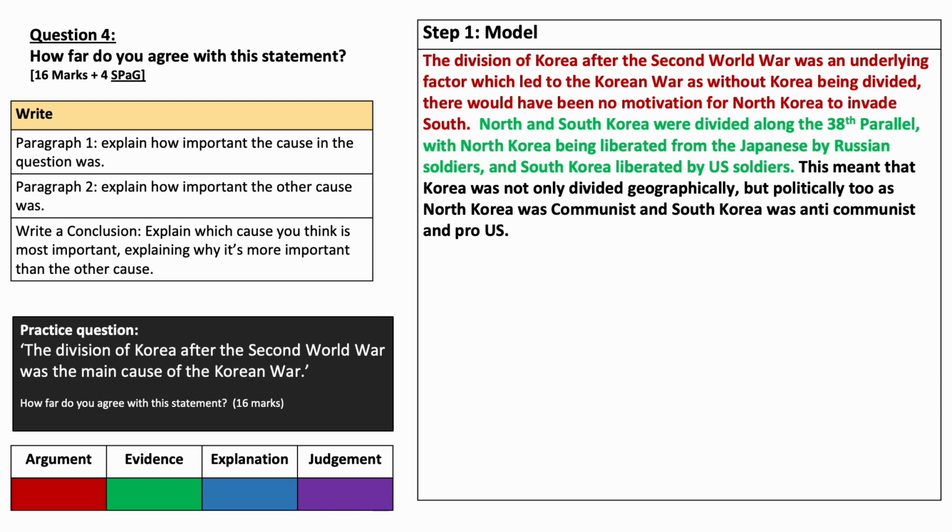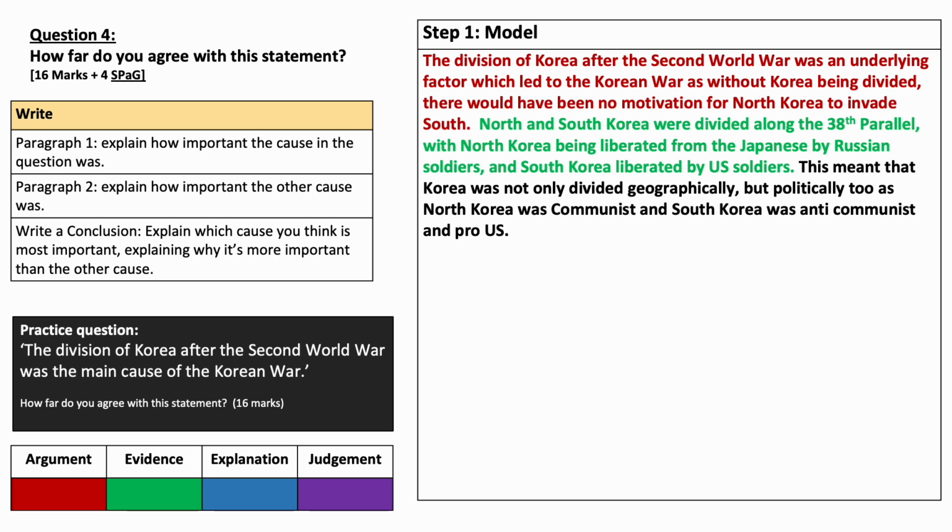Now I think this is fine, but I'm not quite satisfied. I feel like I've made a good case for why it was divided, how this could be a problem, but I don't think I've made enough of a case for why this could lead to the invasion, and I haven't even mentioned the invasion.